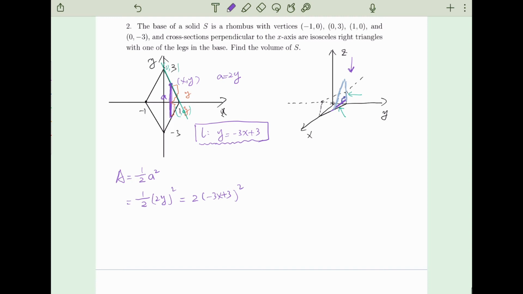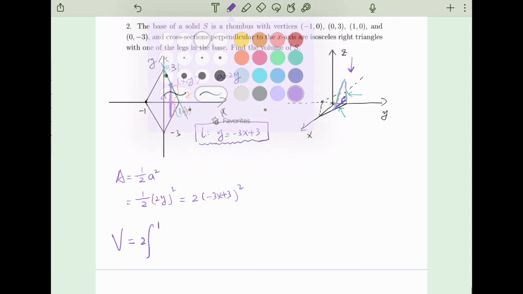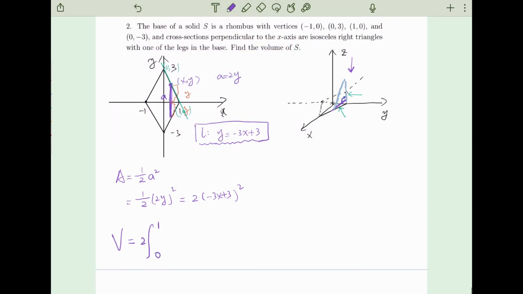So now volume is equal to this integral from -1 to 1, okay, do the integration. And because of the symmetry, we don't have to do from -1 to 1, we can do twice the integral from 0 to 1. That is because if we do it from -1, then we need to figure out this other line also.